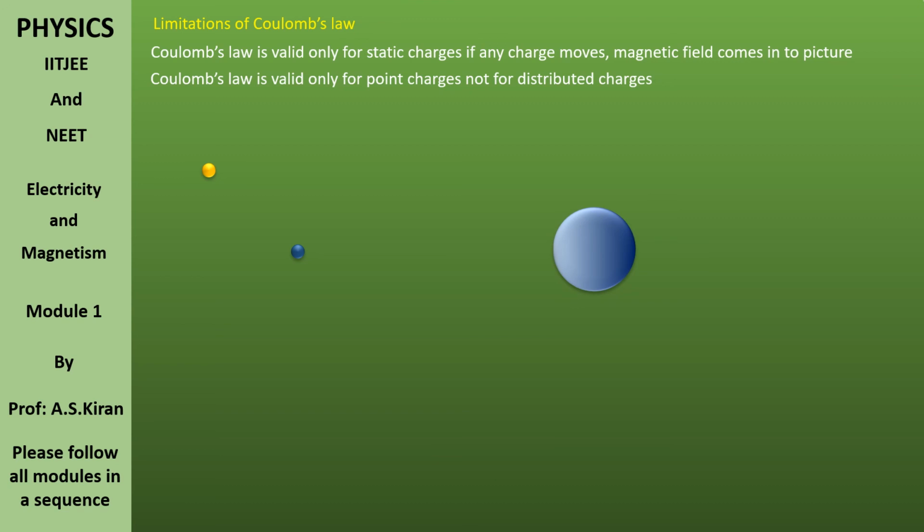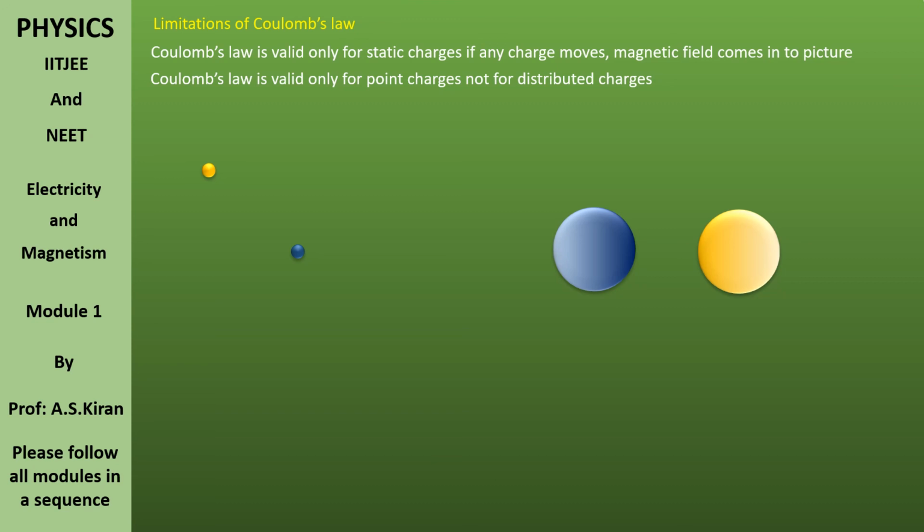Now, the second limitation. Coulomb's law is valid only for point charges. Why is it so? If you consider two distributed charges, as you observe in the diagram, if you bring two distributed charges nearer, what will happen? The charges will accumulate at the edges. Here, the distance is not the distance between the centers of the particles.